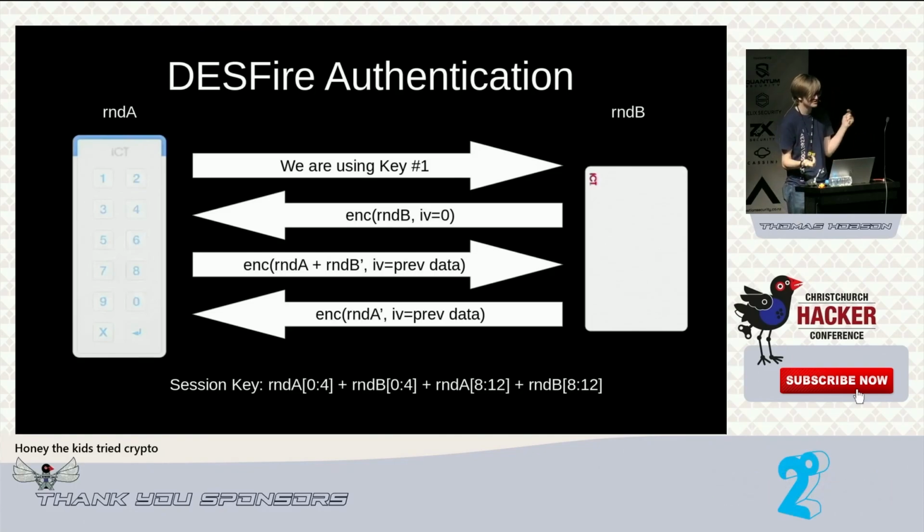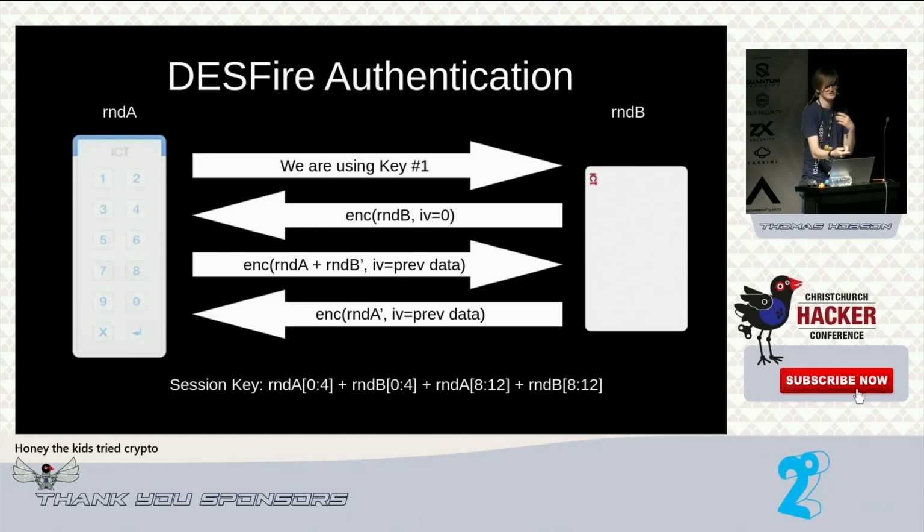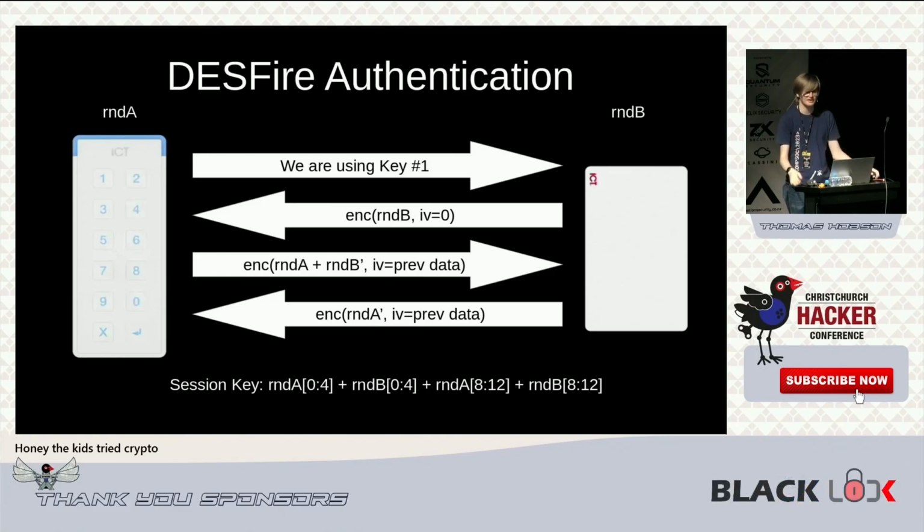Then the reader's going to respond by generating its own random number and encrypting this, as well as shifting around the data in random B, which is what the little prime means. We're going to take the first byte of the data and shove it on the end. That's just so we can't reuse the same block that the card sent us. And then we're also going to use an IV of the previous data, so that's the encrypted data from before.